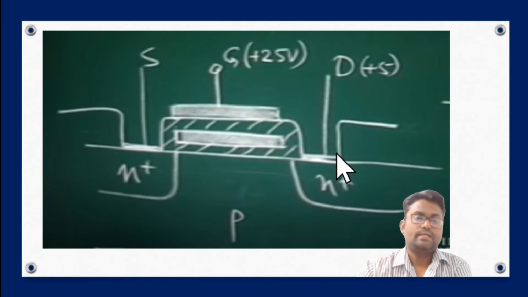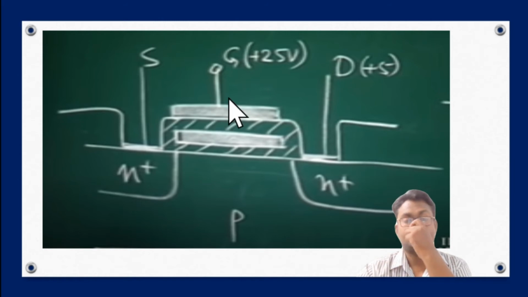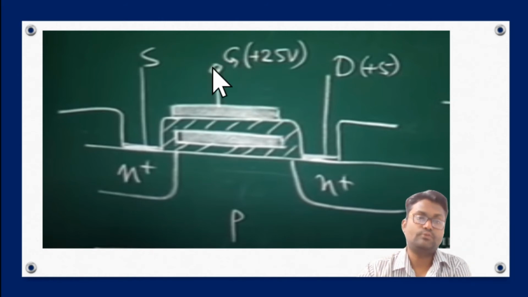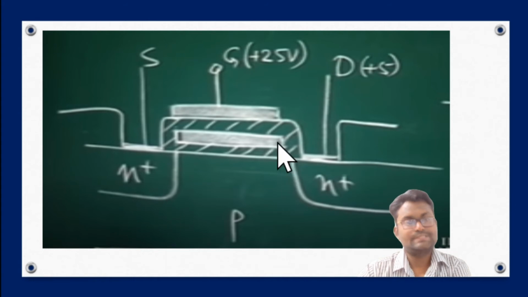But here we can see, when we provide a very high voltage at the gate terminal, we know that the majority carriers in the p-type substrate are holes, which are uniformly concentrated in the whole structure.